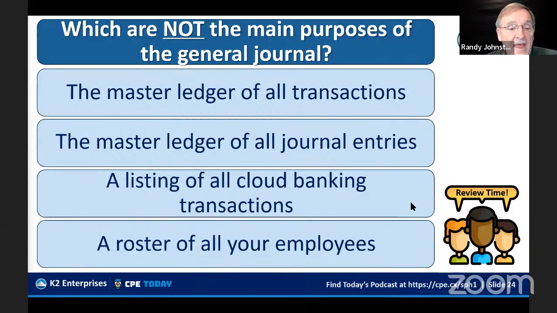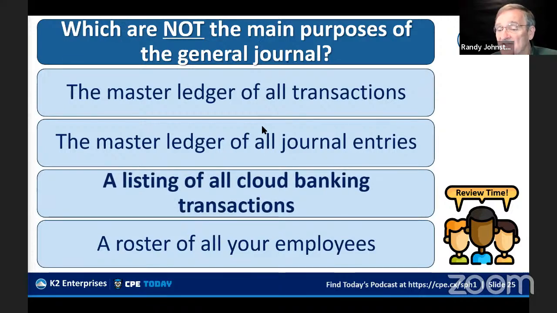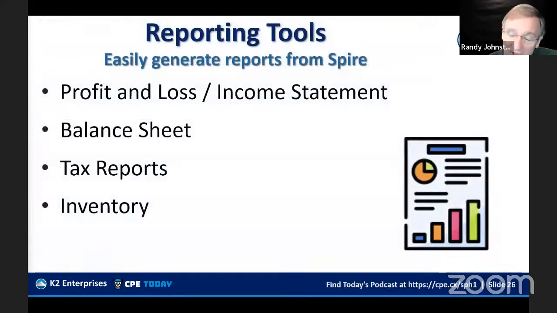And as you have a chance to think about that, the general journal has a pretty important purpose, but we're asking the opposite, which are not the main purposes of the general journal. So it is not a master ledger of transactions or journal entries or employees, but it is not a listing of all cloud banking transactions. Okay, sorry about fumbling that a little bit, but you get it.